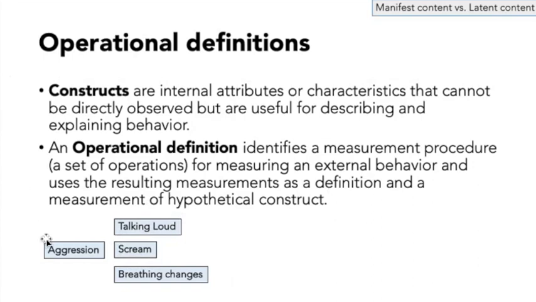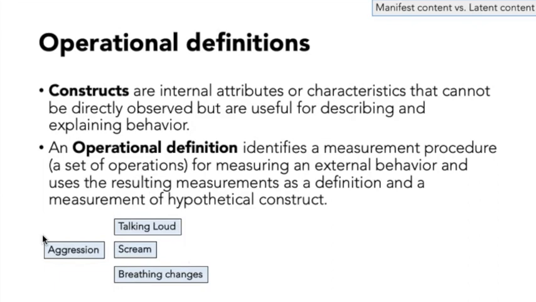And I can't see whether the person is aggressive or not directly, but I can always see whether someone is talking loud or not. I can always see whether someone is screaming loud or not. And I can always see whether the breathing changes in a person or not, because these are all observable things. These observable things explain what is happening internally in a person.